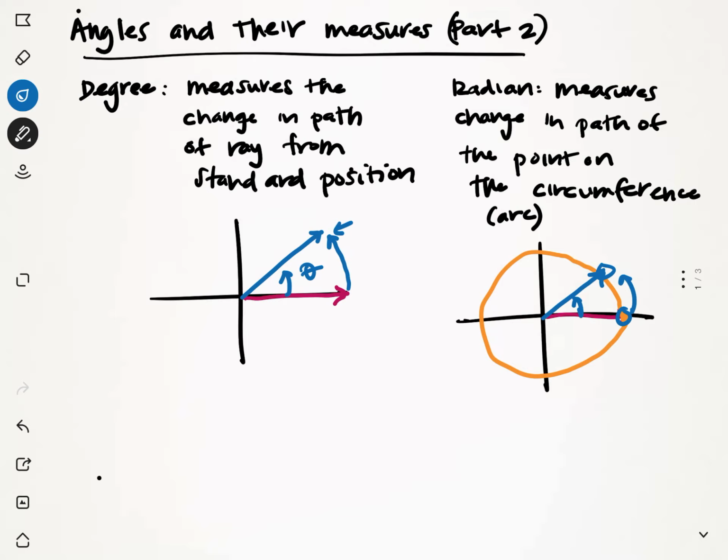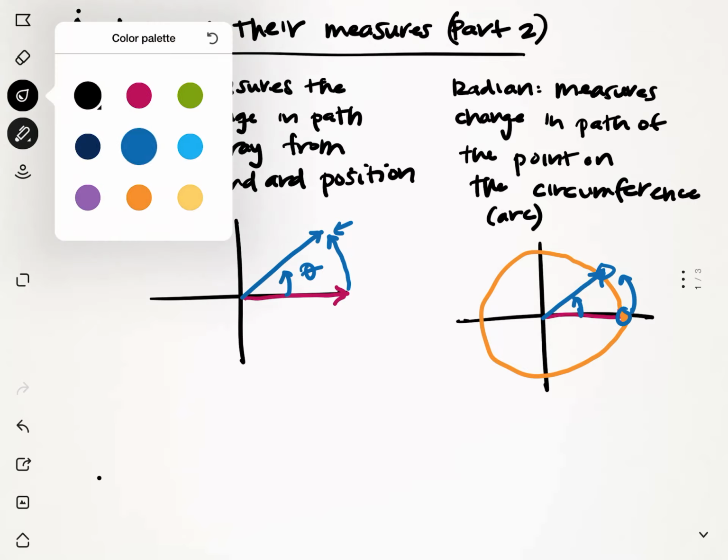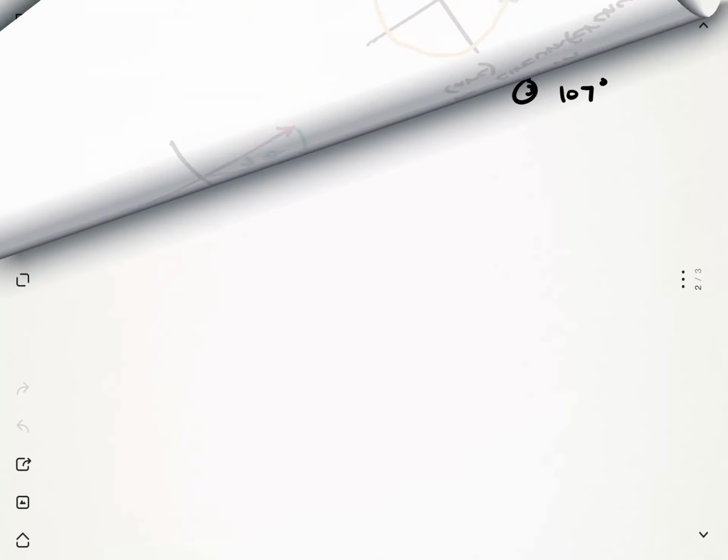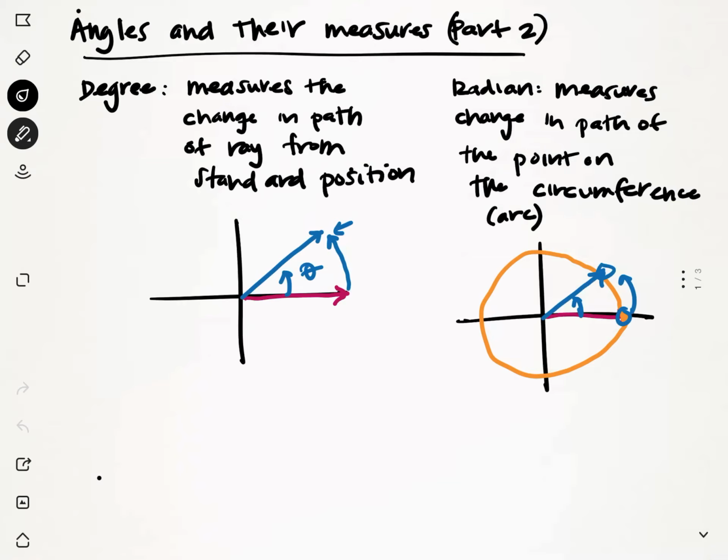Alright, so let's look at this in this way. Let's say we start in standard position and we go all the way around to the beginning. That's a terrible circle. Let's do that again. That's a little bit better. All right, so one rotation in degrees: we start at 0 degrees.